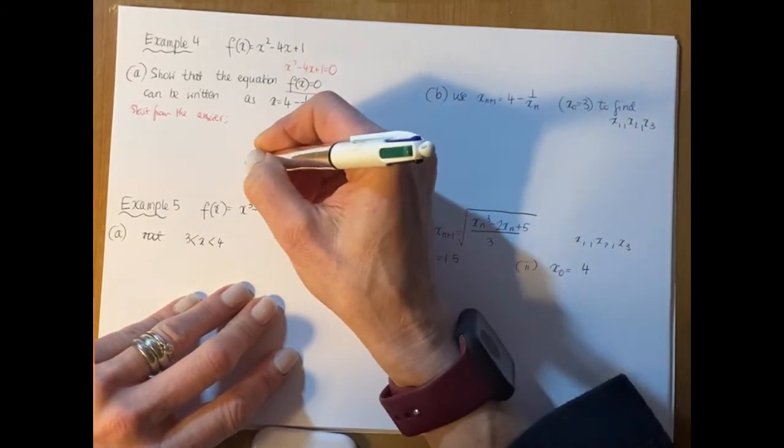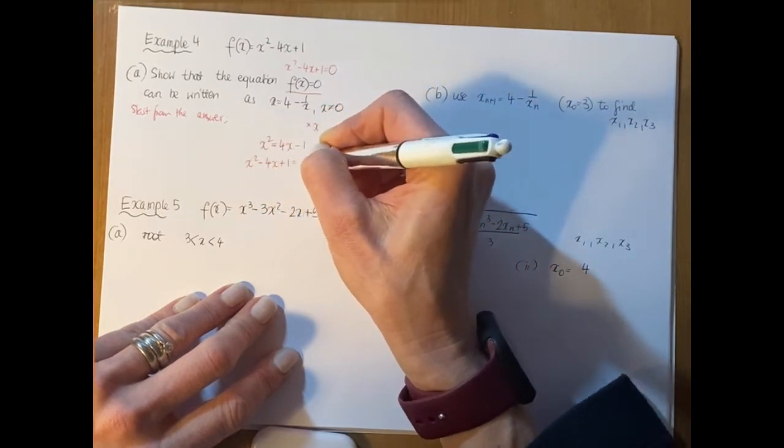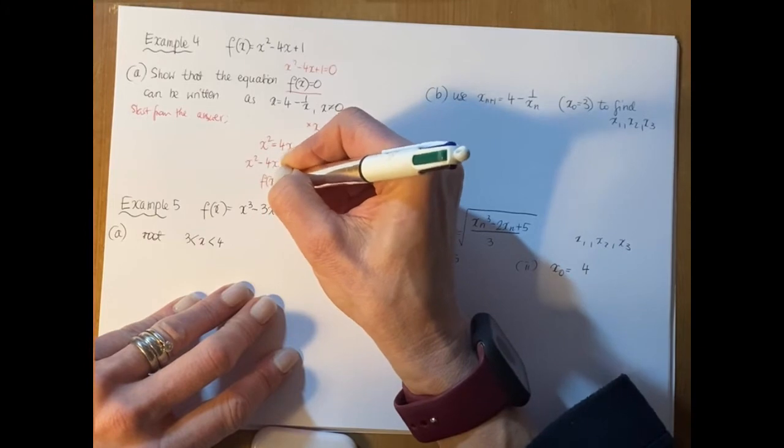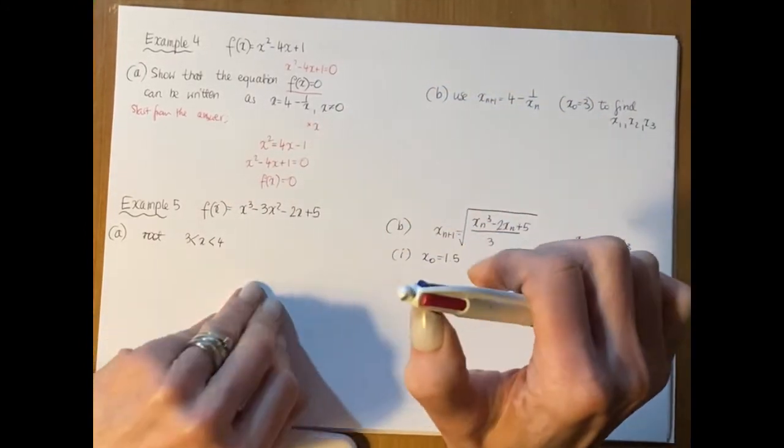All I need to do now is move everything onto the left hand side, and that is your f of x equals 0. That's the easiest way of answering those questions.